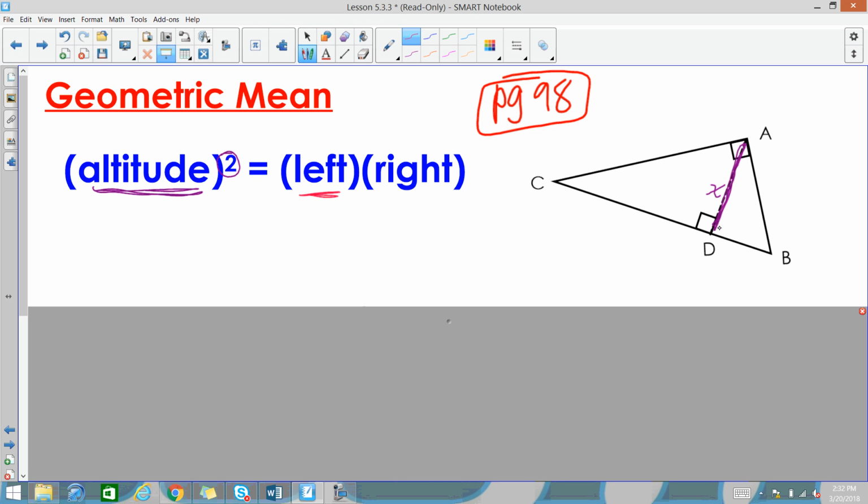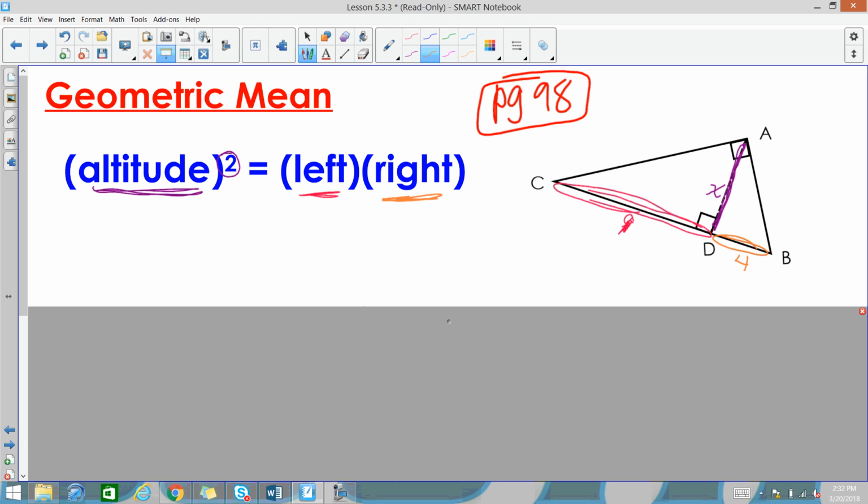Left is the left part of your hypotenuse once you get to it. Let's say this is 9. Then times right, your right side is the right part of the hypotenuse right here, and let's call this 4.